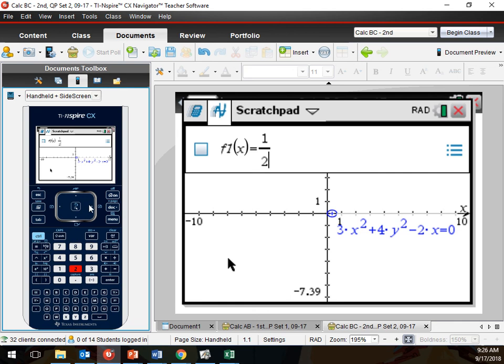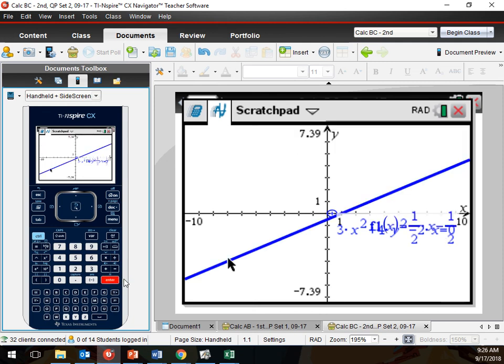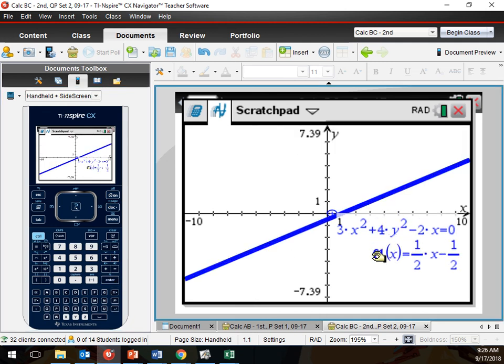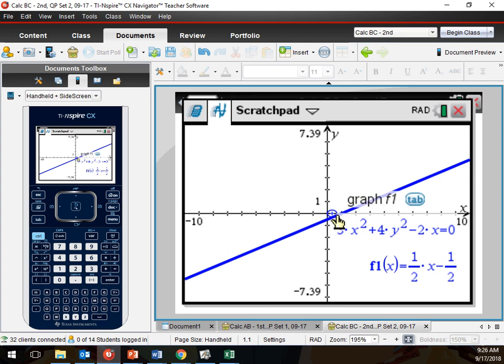Enter. Here we go. So my graph is actually touching at that single point right there. Incredible. Precision matters.